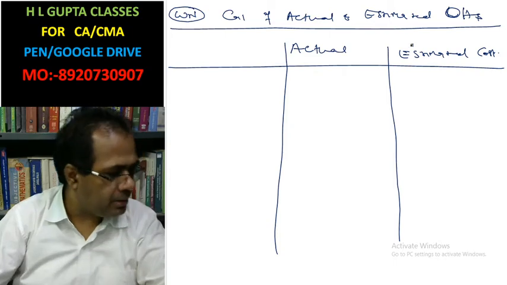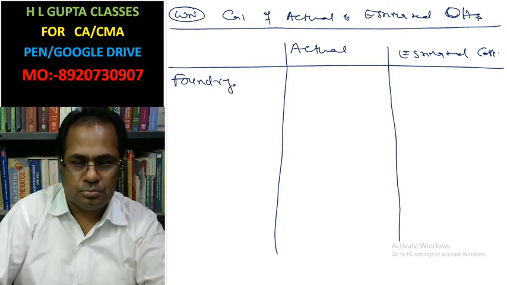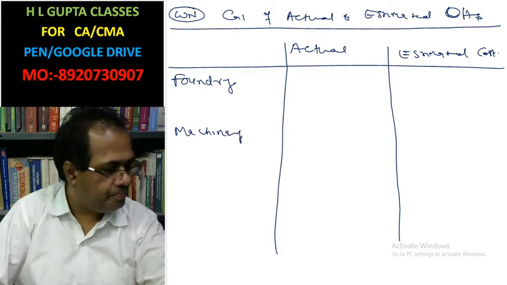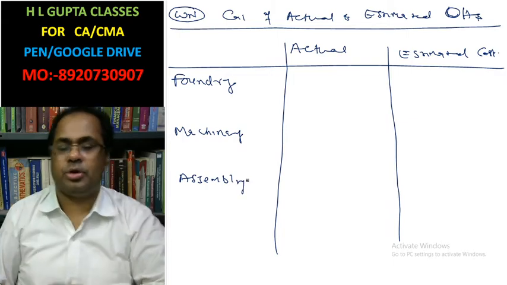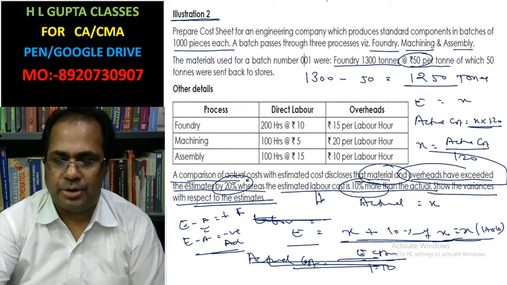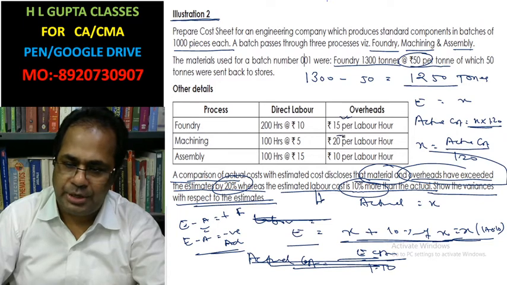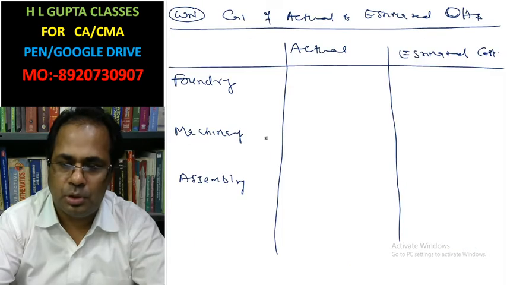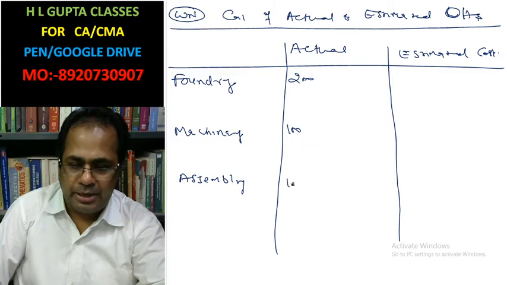There are three departments: foundry, machinery, assembly. What is the overhead cost here? Rupees 15 per labor hour, rupees 20 per labor hour, rupees 10 per hour, at 200, 100, 100 hours.